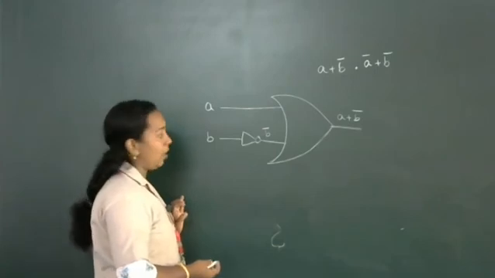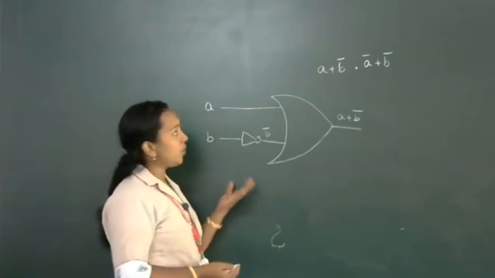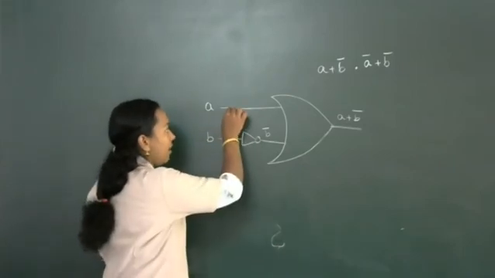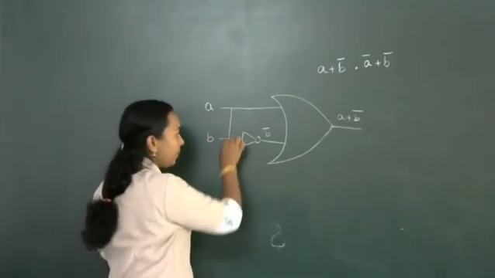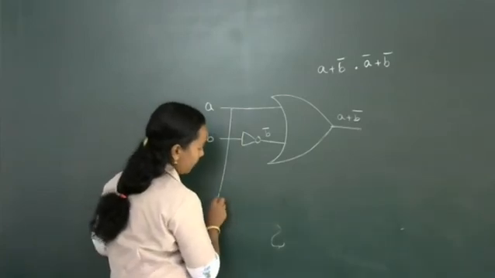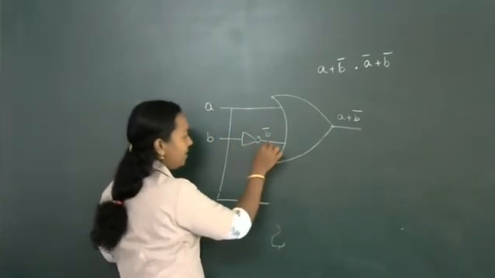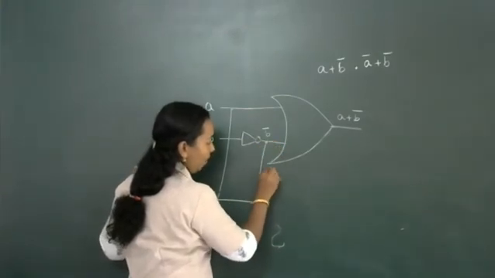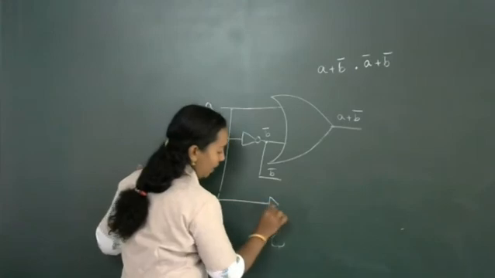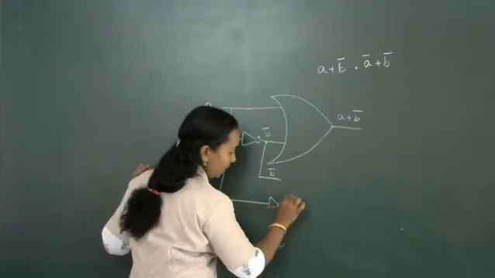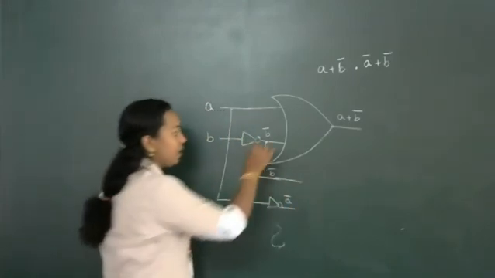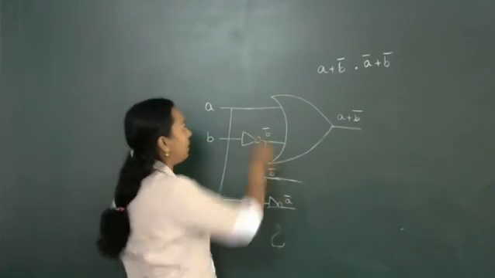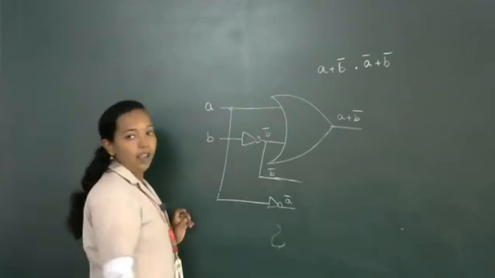After that you want to take A complement plus B complement. Taking one line from here, this represents A, and this also we can take, which represents B. So we get two lines: from one I am accessing B complement and from the other I am accessing A complement.